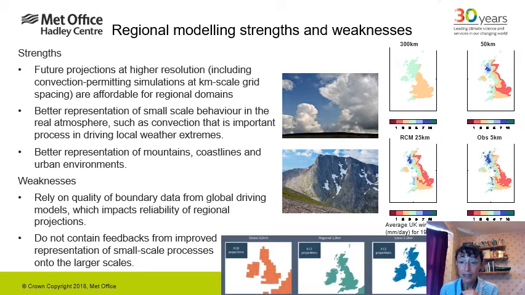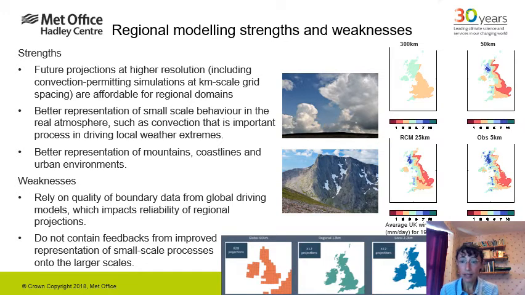And that's important because it allows us to much better represent the small-scale behaviour in the real atmosphere, and in particular convection. So convection is a key process behind many of our local weather extremes. Also, when we have this much greater detail, we're able to better represent mountains, coastlines and cities.